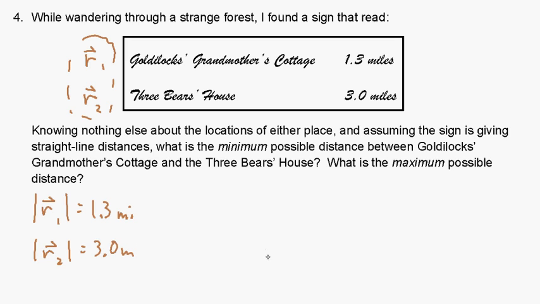So the question really is asking, if we had a vector leading from Goldilocks' grandmother's cottage to the Three Bears house, what is the maximum magnitude of that vector, and what's the minimum magnitude of that vector? The best way to see it, I think, is to go graphically. So here's us in the middle.